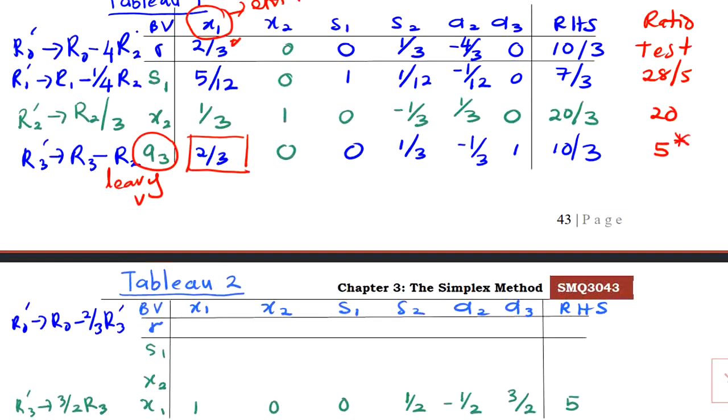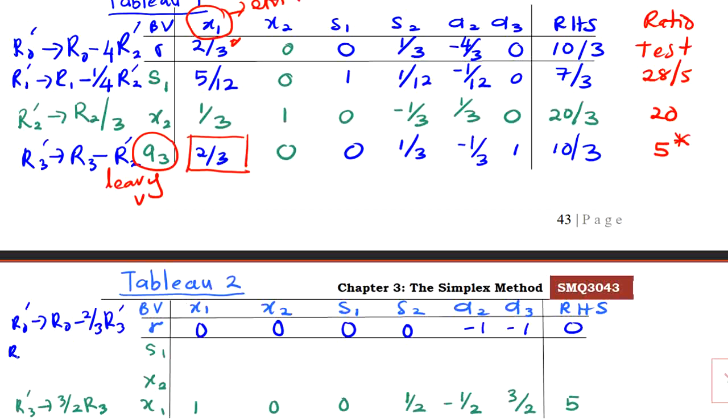Sorry, here in tableau 1, row 2 new. Okay, we continue. Tableau 2, so row 0 new will be 0, 0, 0, 0, -1, -1, 0.